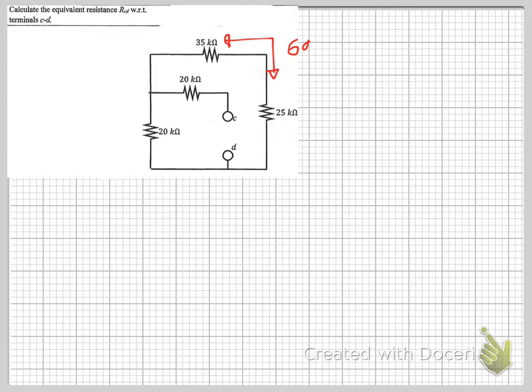Should have actually started by doing that first. So by doing that, you can see that the 60 kilo ohm resistance is in parallel with the 20 kilo ohm resistance here.